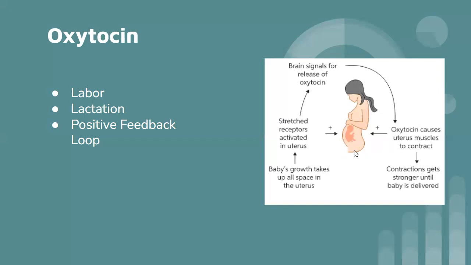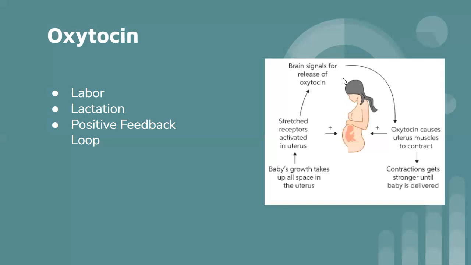As the cervix continues to stretch, it sends more signals back up to the hypothalamus, which will send signals back to the posterior pituitary gland through the magnocellular neurons. The posterior pituitary gland is going to release oxytocin back into the circulatory system. It travels all the way back to the uterine lining, binds to receptors, and causes even more contractions.